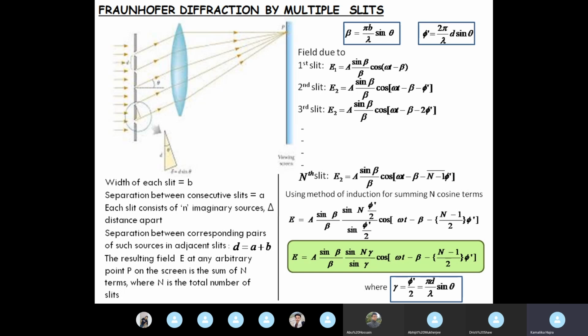So β = πb/λ sin θ is called the diffraction parameter, and γ = πd/λ sin θ is called the interference parameter.